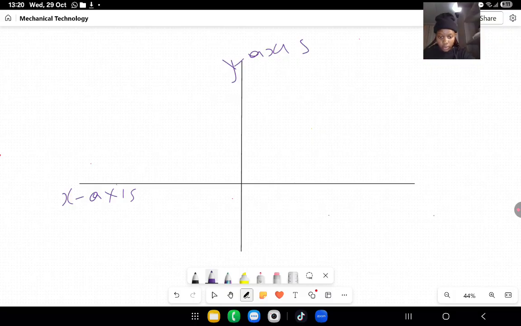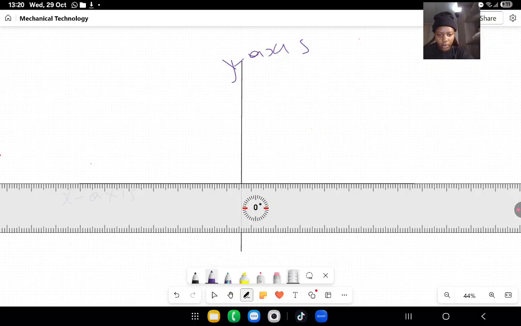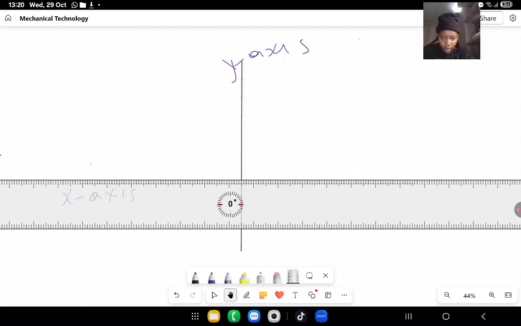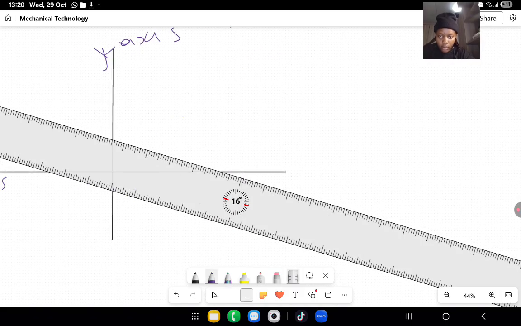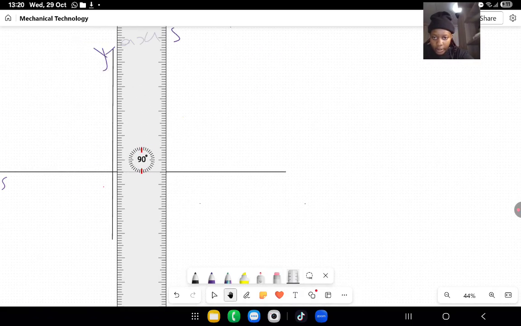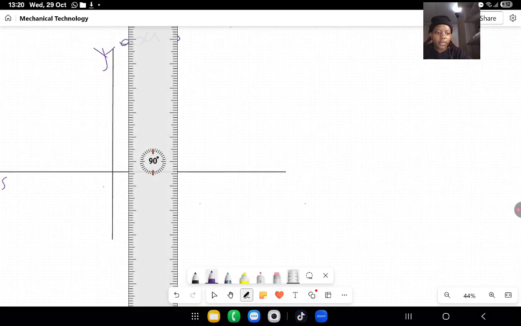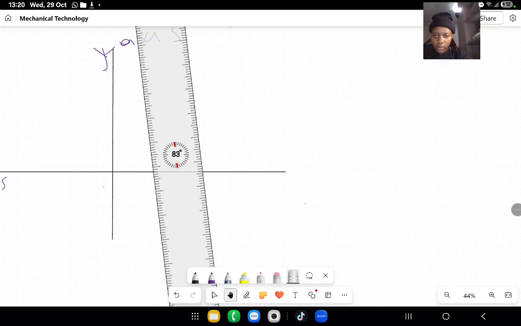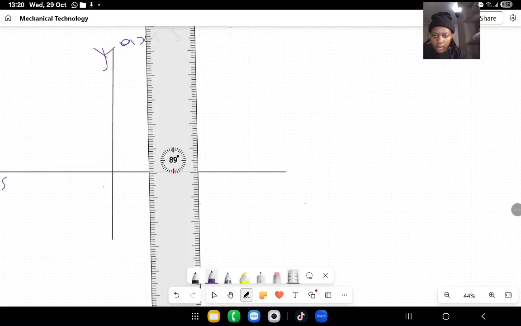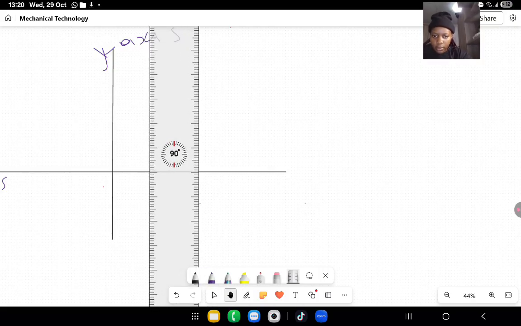Then we use the ruler again to draw our weight here, which goes like this. It must be straight. Let me use another color.